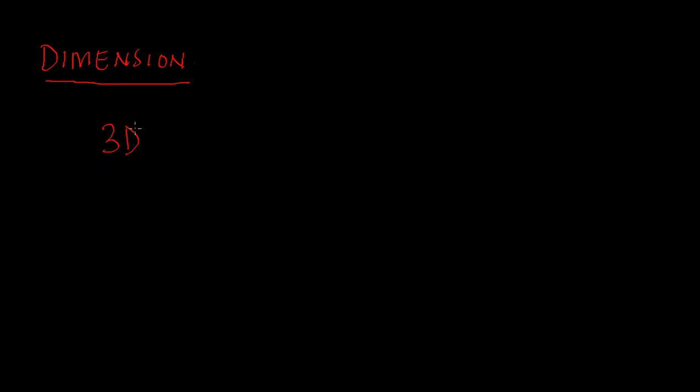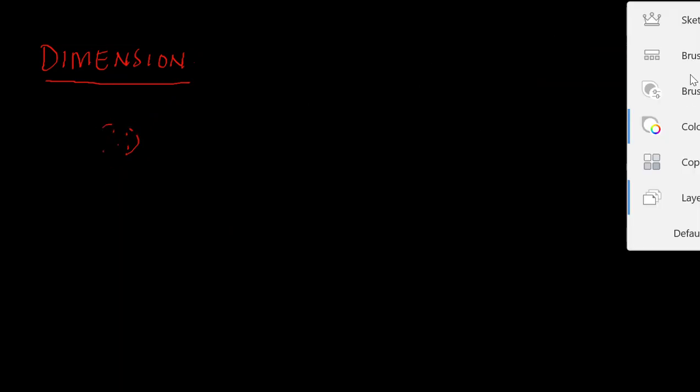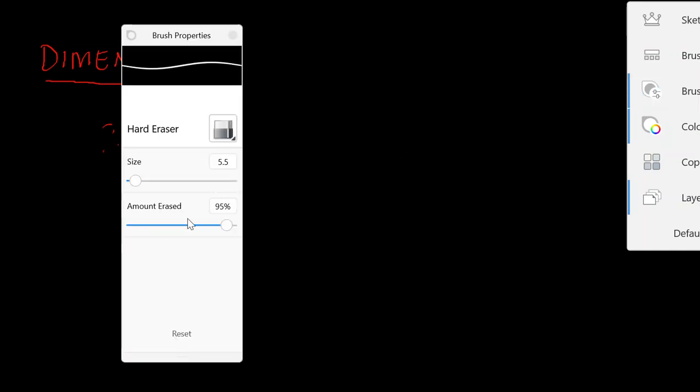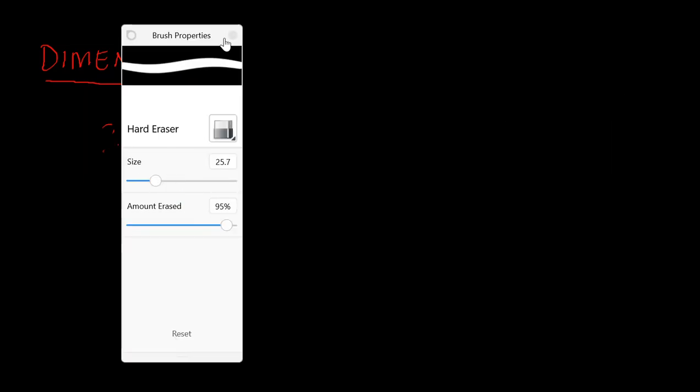Now, what is the meaning of dimension? Let me give you one example out here. Let us take an area. Let's say we have the area of a square, okay?